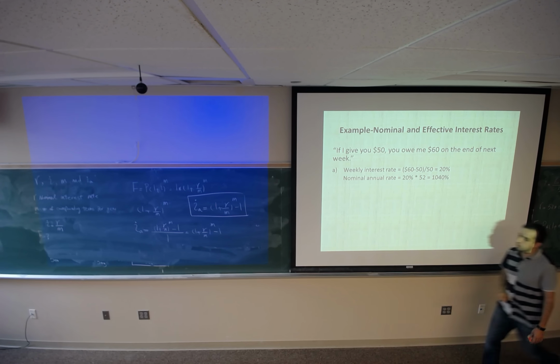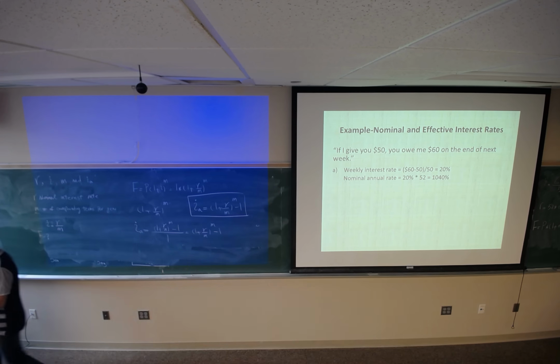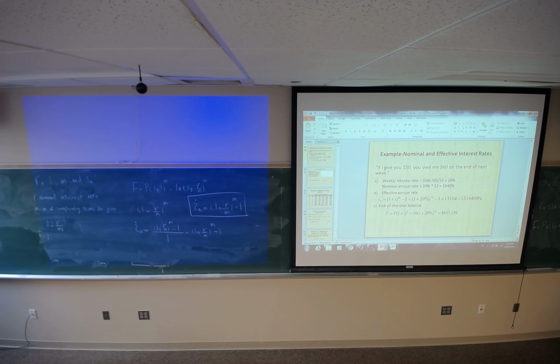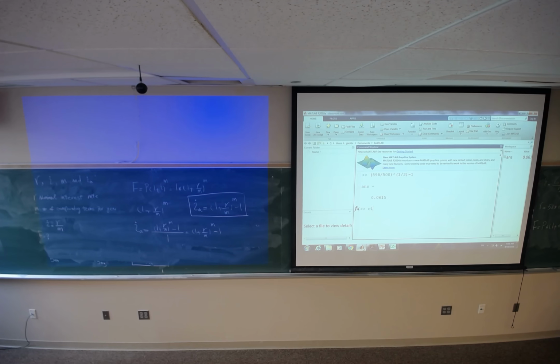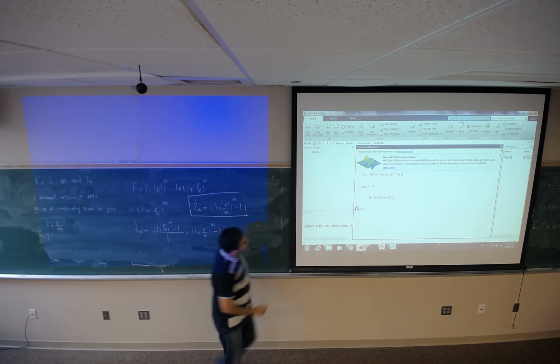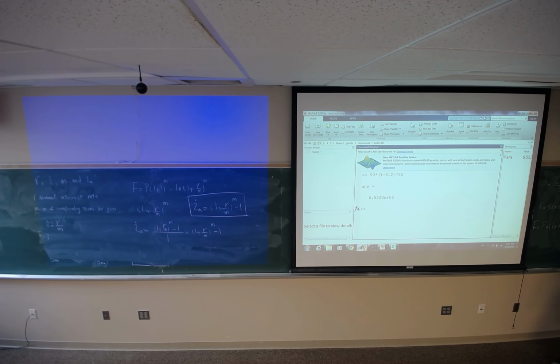So if you borrow $50 with this condition, $50 times 1 plus 0.2 to the power of 52 is 6.55 times 10 to the power of 5, which is about $655,000.